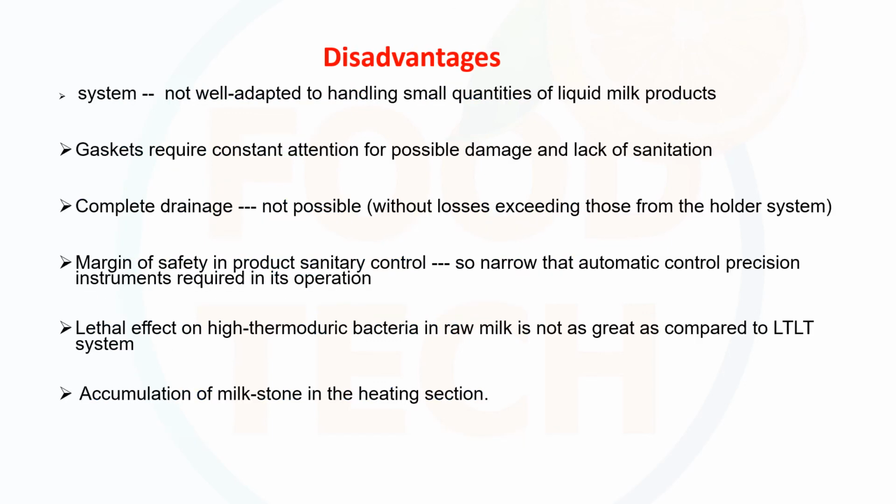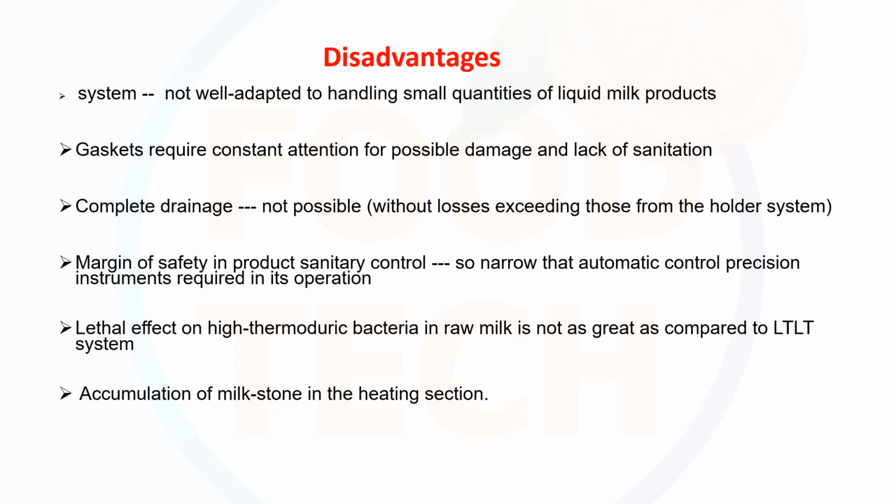Some disadvantages of the pasteurization system: it is not well suited to handling small quantities of liquid milk products, and it requires constant attention for possible damage and lack of sanitization. Complete draining is not possible.